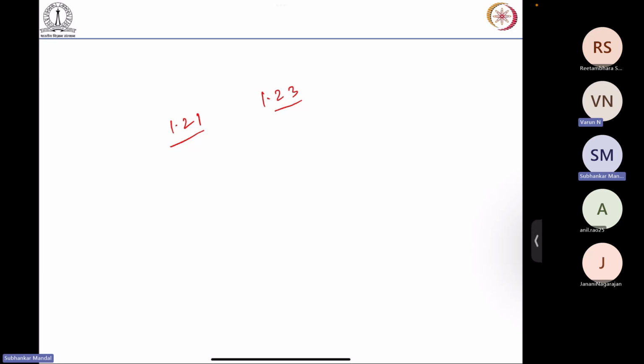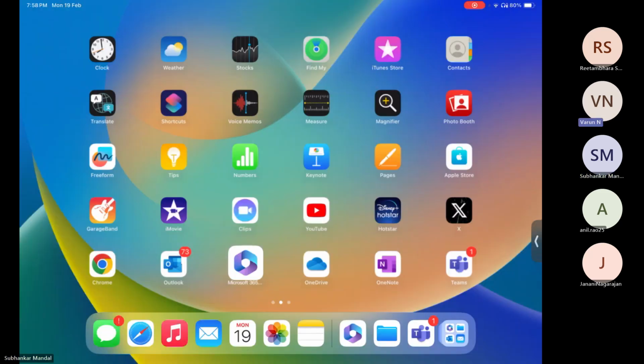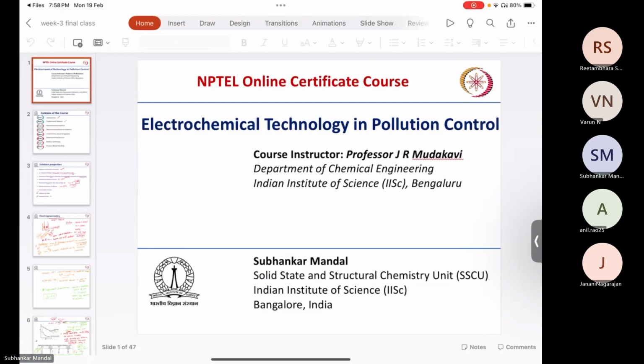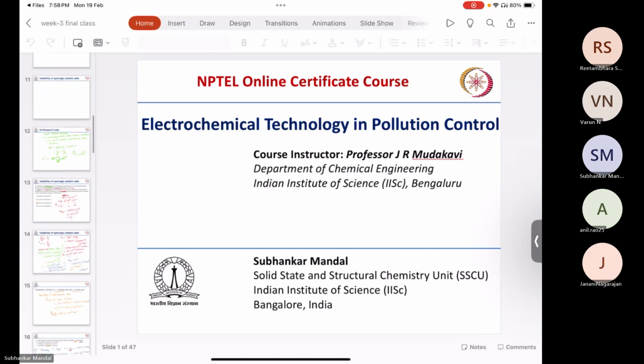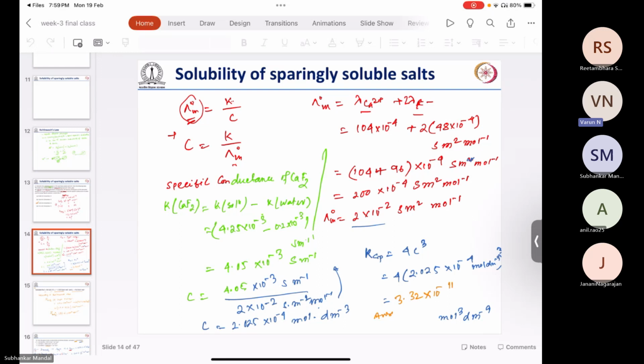Tell me once again. Can you see question number 2 in assignment 3? Can you see the question and also the answer? Assignment 3, question number 2. The actual answer for this problem is 1.2184 volt.